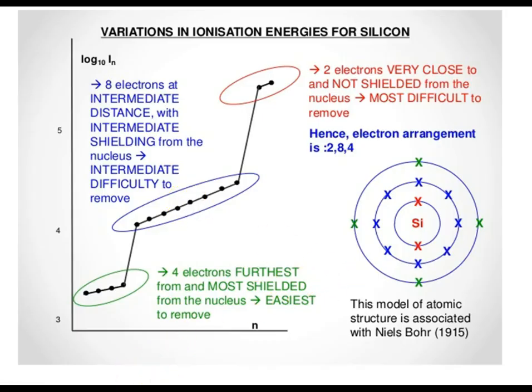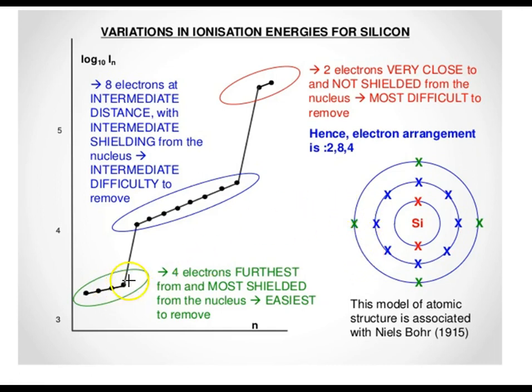Now what I want us to look at, though, is what about if we want to keep taking electrons off of an element. So over here on the right-hand side, you see a Bohr model for silicon. So you have 2 inner shell electrons, because there's 2 elements on the first row, 8 on the second, and then 4 on the third. So let's think about just removing these electrons from silicon.